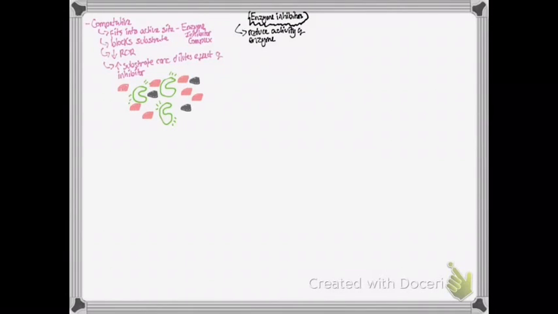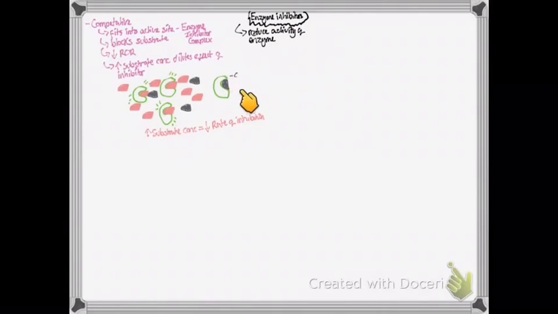So if we've got more of these pink substrates, we've more chance of forming successful ES complexes, and then we can overcome the issue of inhibitors. So the higher the substrate concentration, the lower the effect of our inhibitors. And that's pretty much what I write there.